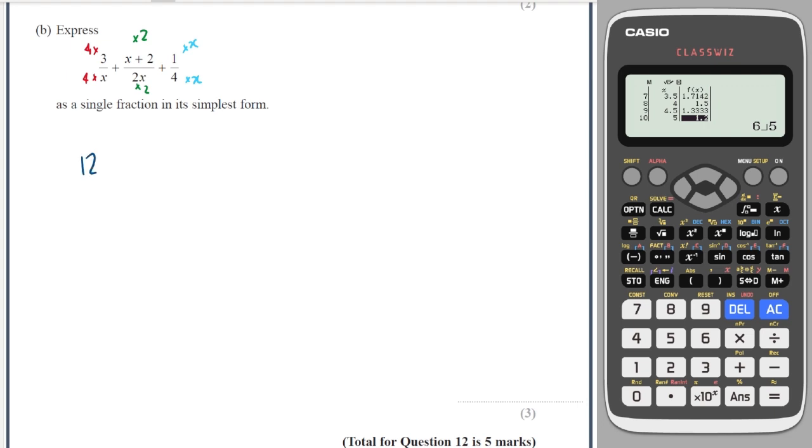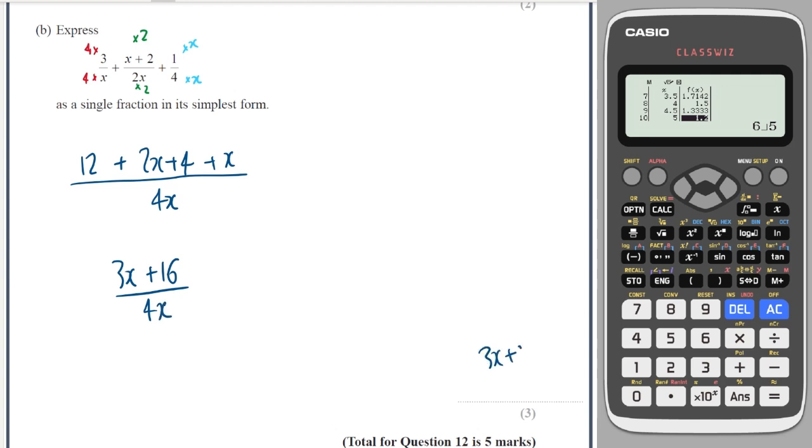It gives me 12, and it gives me 2x plus 4, and it gives me 1x. And everything down the bottom will be the same denominator, it will all be 4x. So adding these up, I'm going to get on top 3x, so we've got a 2x and a 1x, and I'm going to get a 16. That's over 4x, and I don't think that can be simplified because there is no common factors there. So we're good.